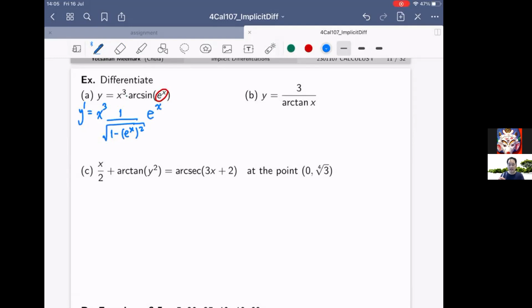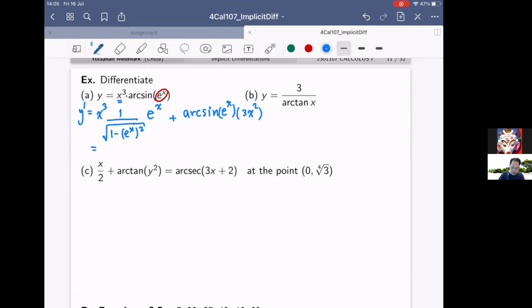When you have fractions and you multiply, it must be multiplied on the top. This is very important. So here is the first times the derivative of the second, plus the second times the derivative of the first, which is the x cubed. So you get 3x squared.